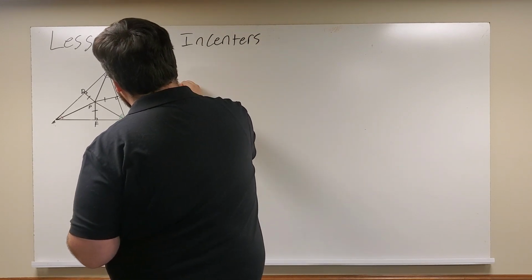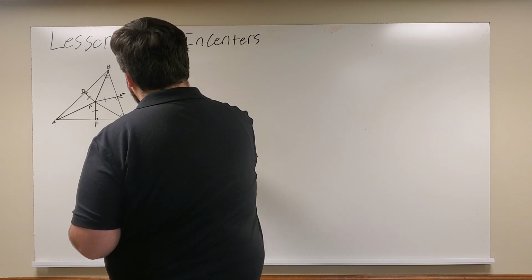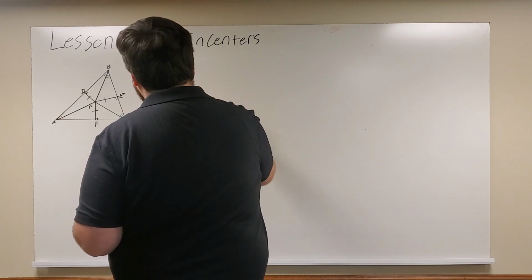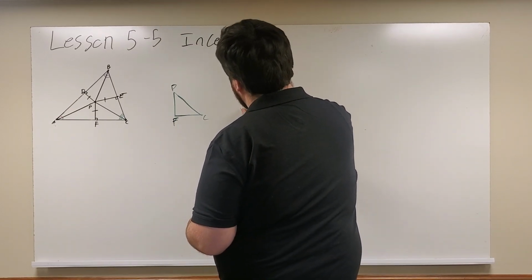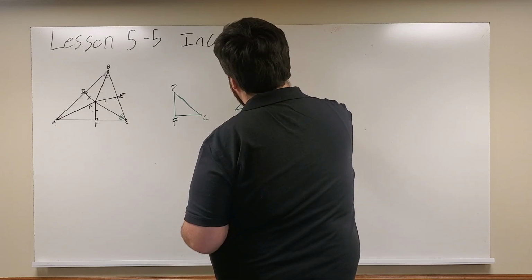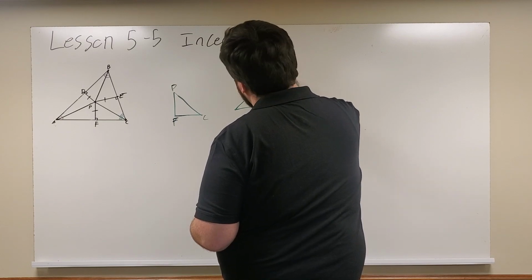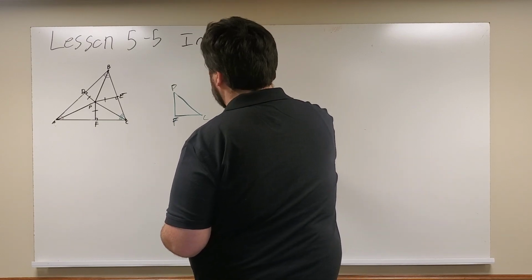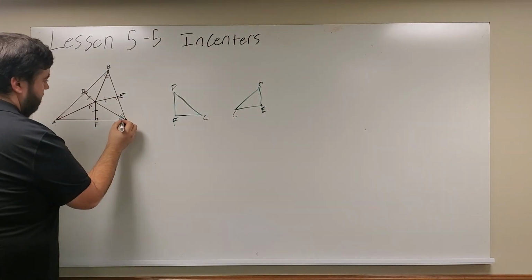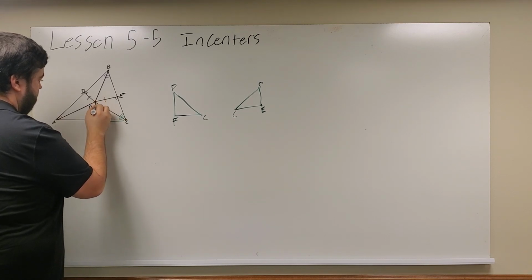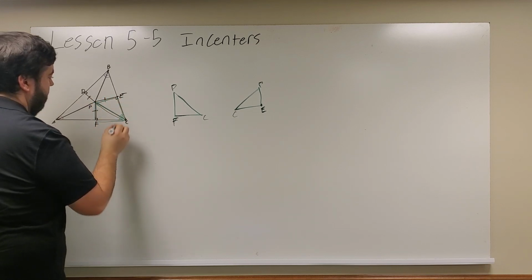I have triangle F, P, C, and I have triangle, probably be easier to draw it this way, just so I can keep my sides in line, E, P, C. All right? So the two triangles I'm talking about are this one and this one. Okay?